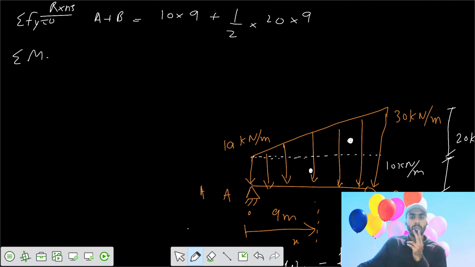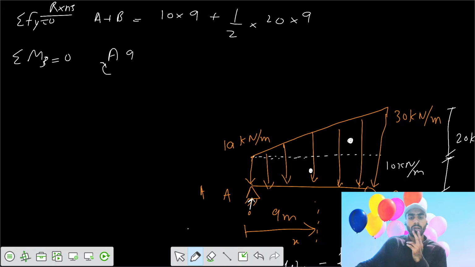Next is summation M. Let's take any point, because for our analysis we need the reaction A. We can say summation moment about B equals 0. Then we have A into 9 clockwise. We have assumed that the reaction is upwards.